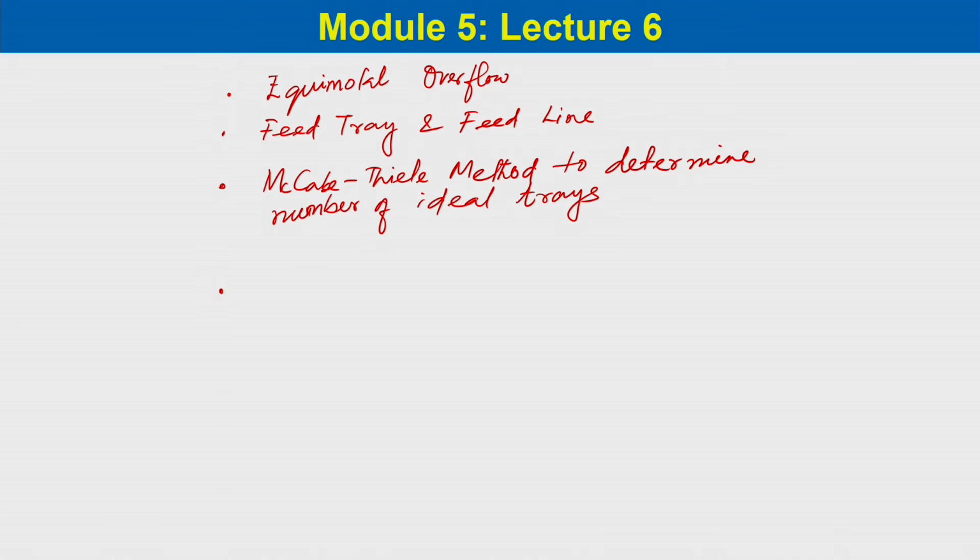We will also consider different limiting cases such as total reflux and minimum reflux.